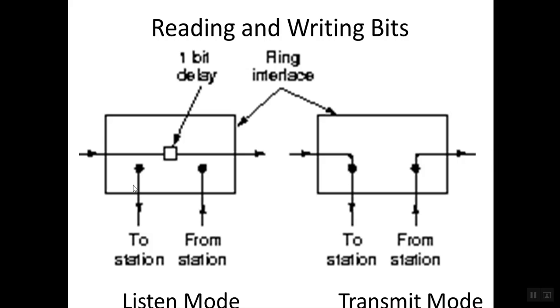It will not copy this data to the station. It will just act as a medium to transfer the incoming bits to the outgoing line. And in transmit mode, the incoming data will be transferred to the station, and that data can be processed by the station, and the data from the station will be transferred to the ring.